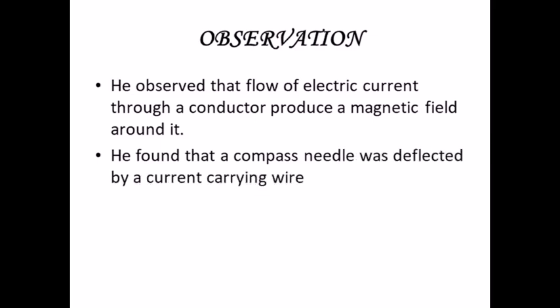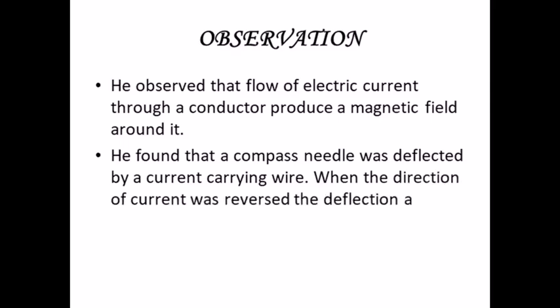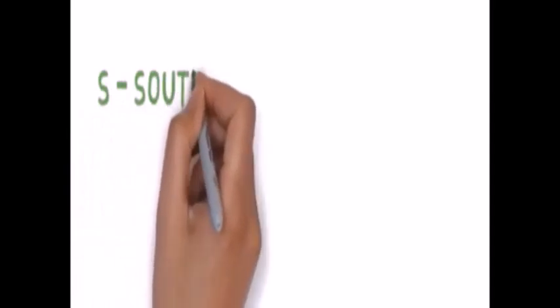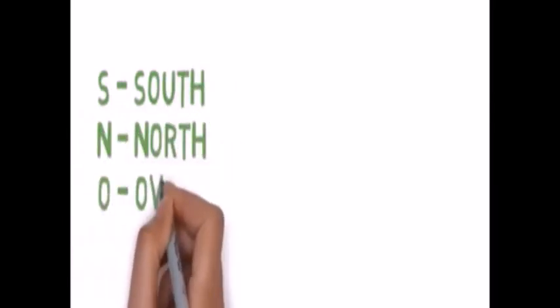What rule can we follow to find out the direction in which the needle will turn when the current flows through the wire? The rule is known as the SNOW rule. South, north over west. When the current goes from south to north and is placed over the compass, then the compass needle turns towards the west.